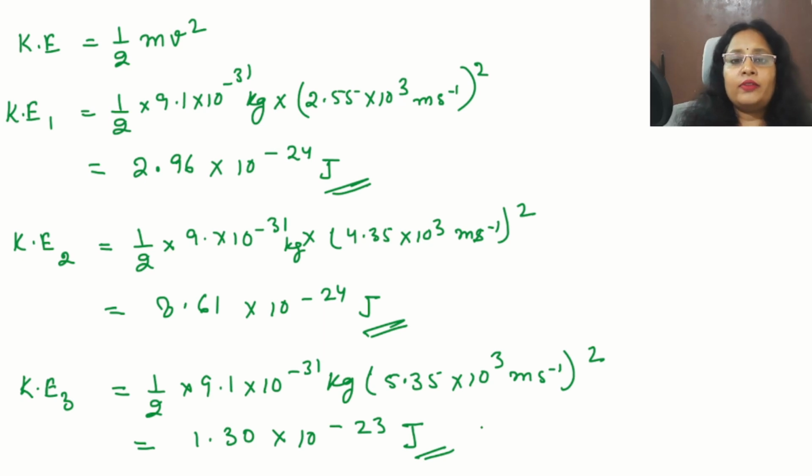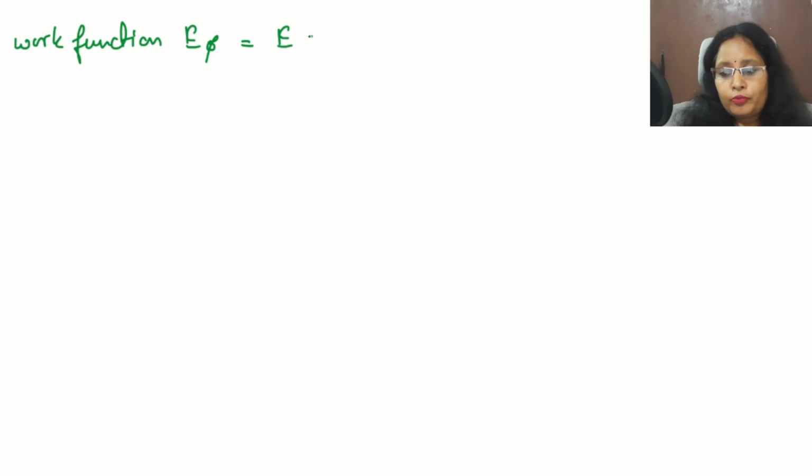Now that we have three values of energy of the photon and three values of kinetic energy, again we need to calculate the work function. So the work function, as I already told, E naught is equal to the energy of the photon minus the kinetic energy.